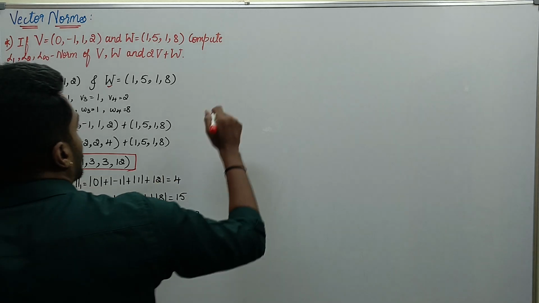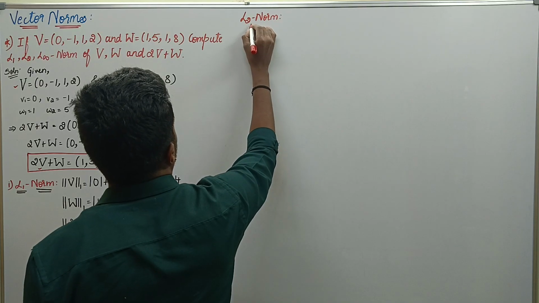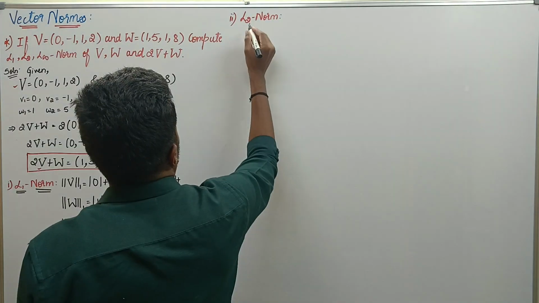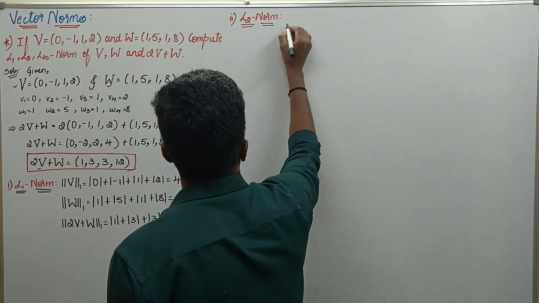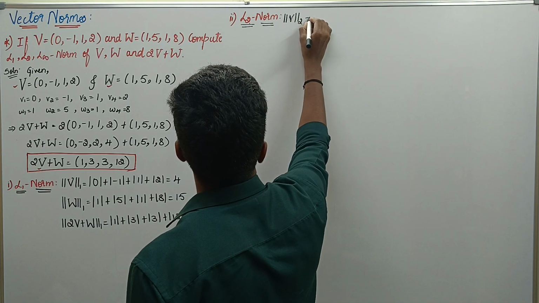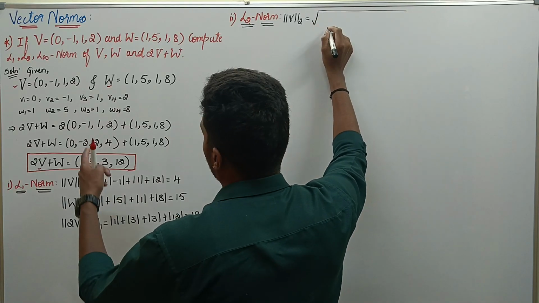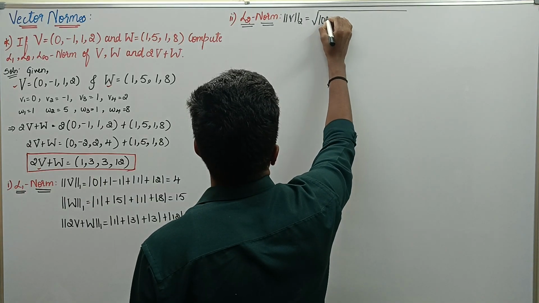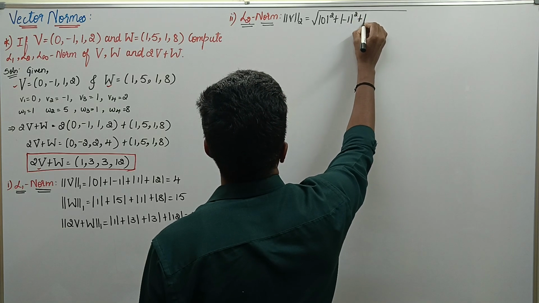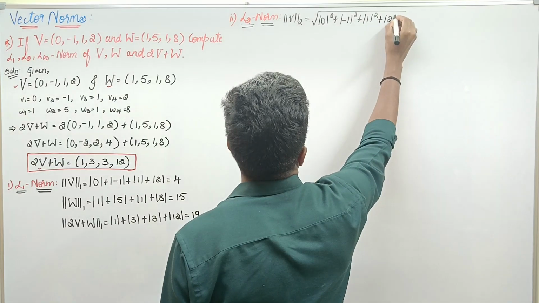Now let us go with the L2 norm. The L2 norm, norm V2, is equal to the square root of modulus 0 square plus modulus minus 1 square plus modulus 1 square plus modulus 2 square.